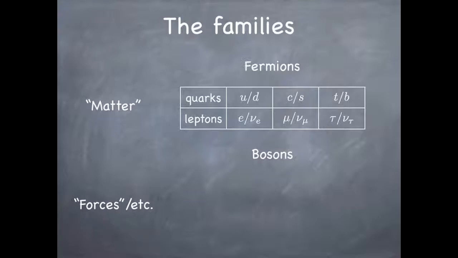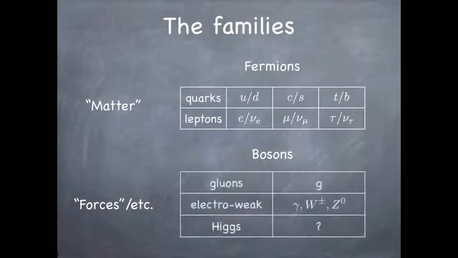And then there are the bosons. The bosons generally play the role of the force carriers that act between the leptons. I say generally because there are exceptions to that. We've got the gluons. The gluons, it turns out, carry the color force. In other words, quarks have a color charge, and the gluons are the ones that the quarks exchange with one another in order to interact via the color force.